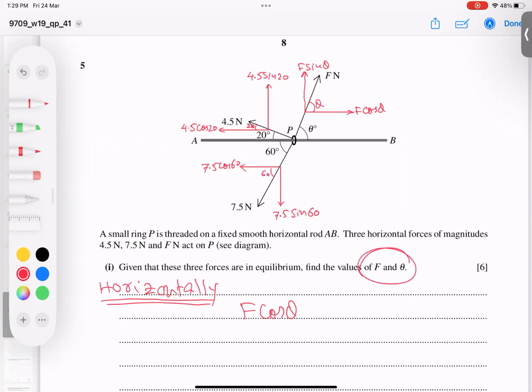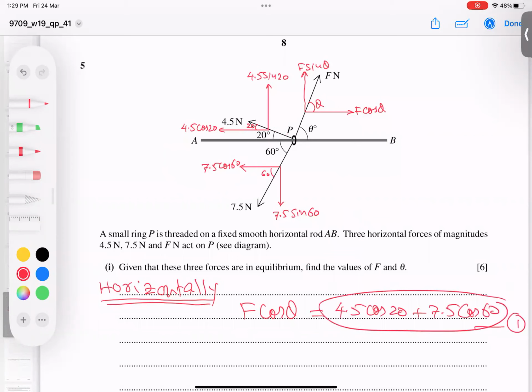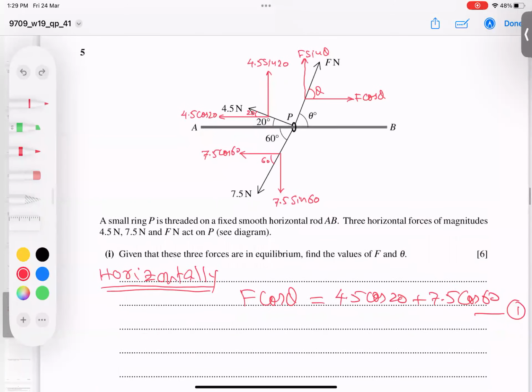I will always keep F and theta unknown on the left-hand side, although you can write anywhere. I'm copying these two forces here: 4.5 cos 20 plus 7.5 cos 60. This is equation number 1. Either I can type in the calculator, write 4 dp, or leave it, no problem at all.